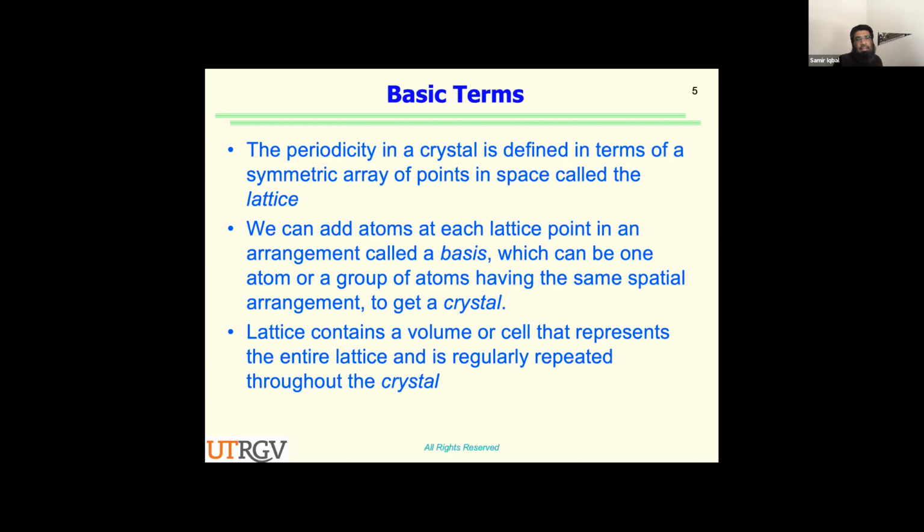So we define these things. Periodicity or repetition and that symmetry is what we call the lattice. Now we pick the simplest lattice point and we say that's the basis. From that we find what things are around, so we can pick them up and say they repeat over and over.